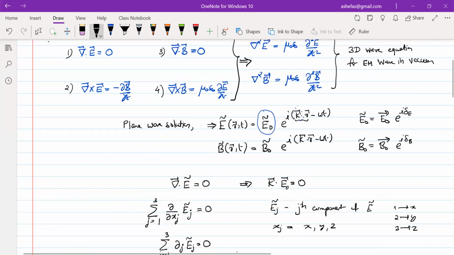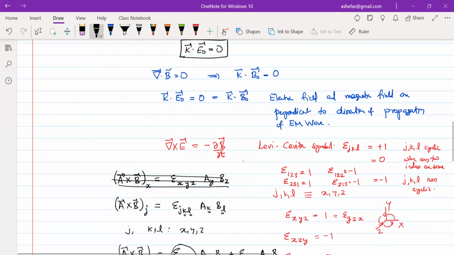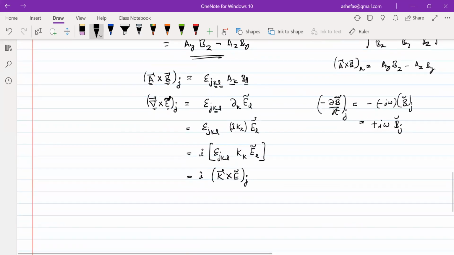The magnetic field is B0 times e raised to I k dot r minus omega t. So if you differentiate with respect to time for any component, x, y or z, we get minus I omega outside. That is what we have written here.